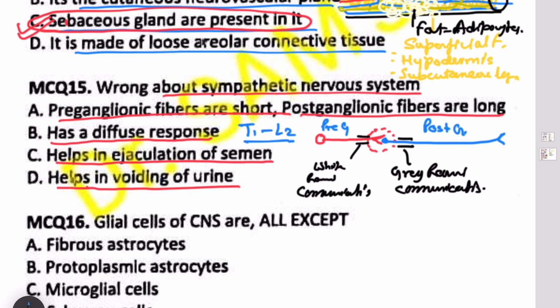How does it help in ejaculation of semen? Basically, in males, the urethra is a urogenital passage. In the prostatic part of the urethra, the ejaculatory ducts open. So while ejaculation is about to happen, the sympathetic system has to act.